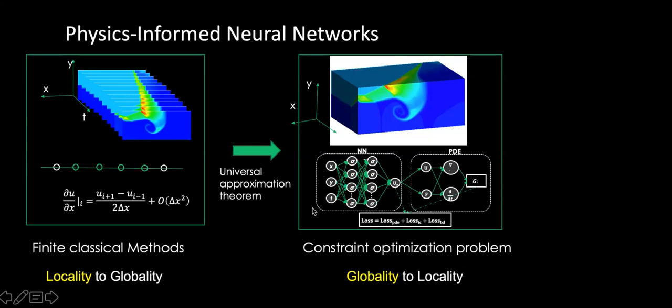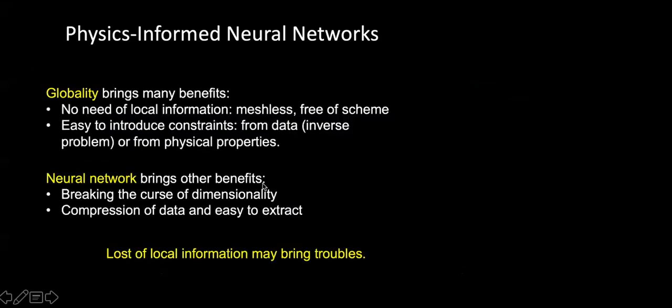For example, there is no need for local information. The residual points are independent logically, so we are free of grids. It's easy to add constraints, whether from data, for example in inverse problems, or from physical properties.